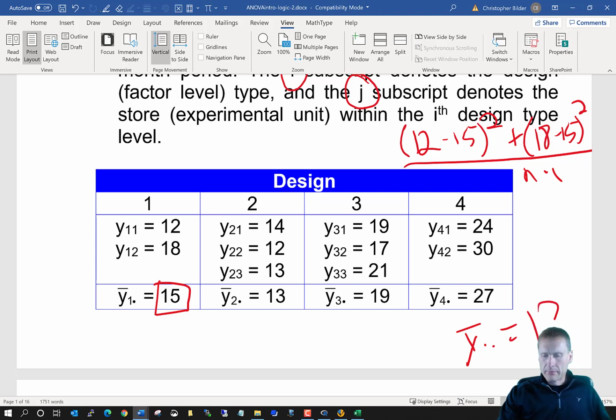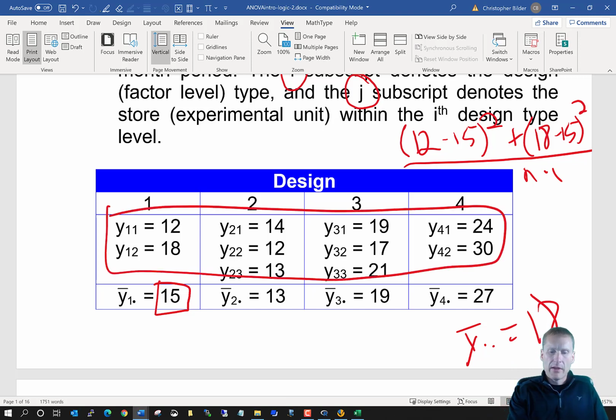Yes. So the overall mean of all 10 of those numbers, meaning these 10 right there, is 18. So what we're going to do is look at how far is 15 from 18, how far is 13 from 18, how far is 19 from 18, how far is 27 from 18. So you can see again, if I were to square it and maybe somehow come up with an average value, that would be another measure of variability. And in fact, it is.